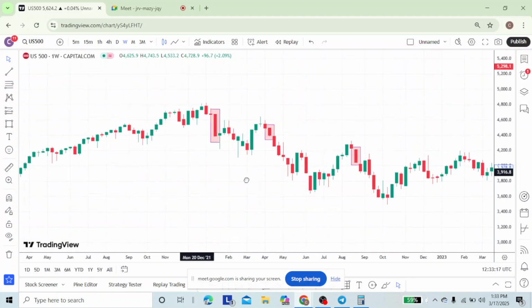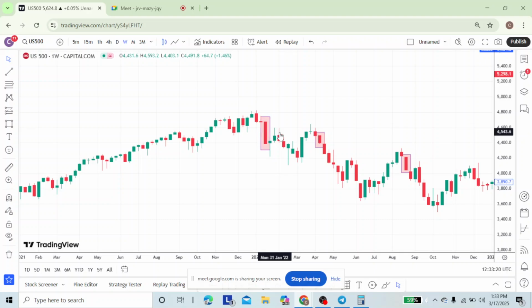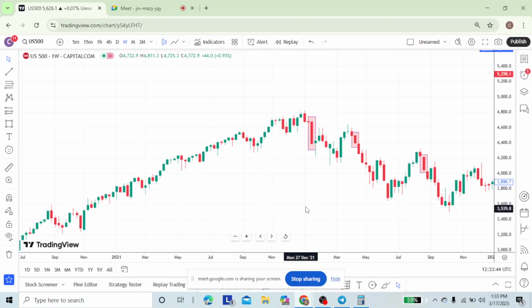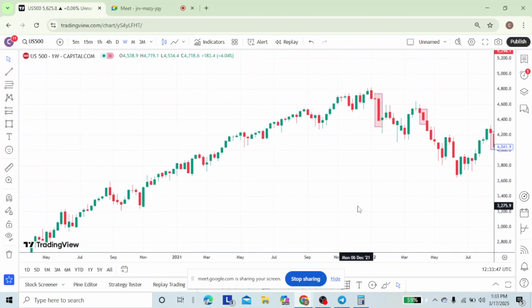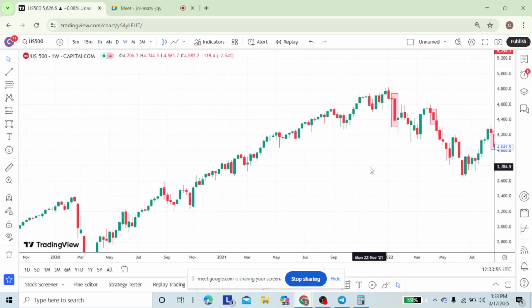And what I want you to do is to identify 5 different bearish Marabozo and 5 different bullish Marabozo, then send it to our Telegram. Do you get the assignment? Yes. So you send it to our Telegram to tell us if you are able to identify this pattern. Okay. All right.